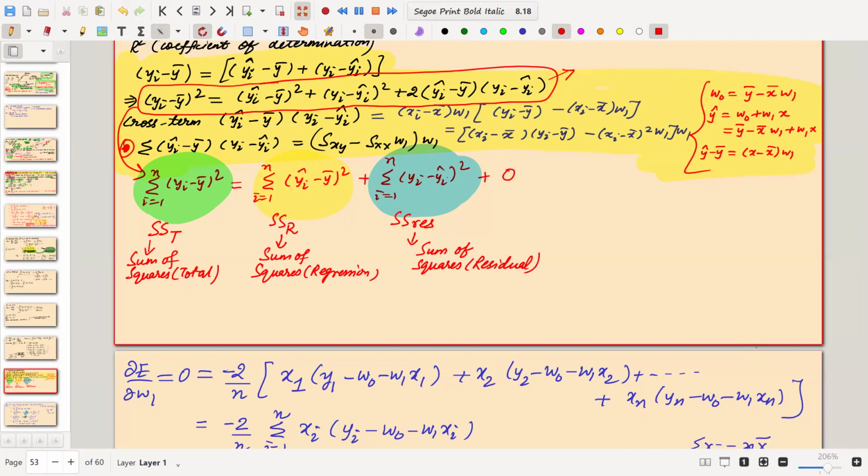So what we got is that the total sum of squares is nothing but the sum of squares related to regression plus the sum of squares related to the residuals. You can see yi minus yi cap is a residual, right?